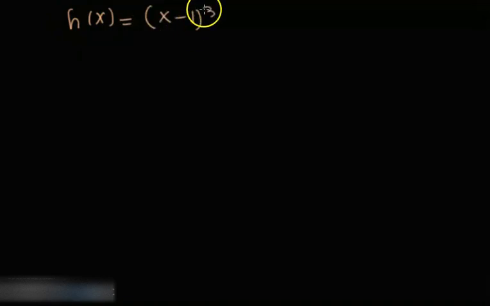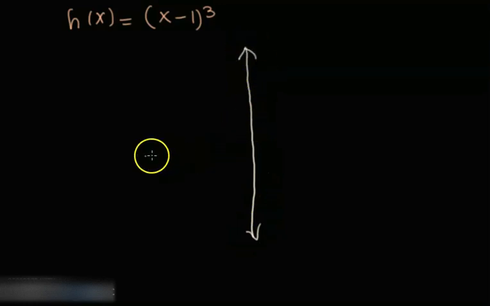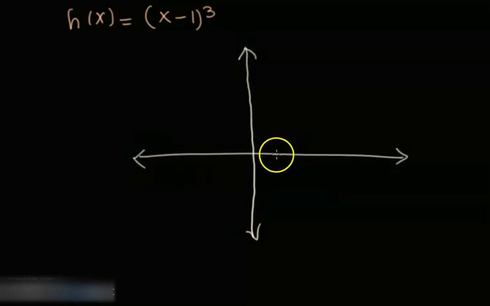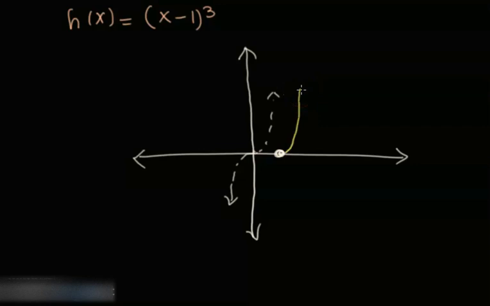Then we had another function, h of x, and it was x minus 1 whole cube. Now this can also be plotted. What we have to do is shift our cubic function 1 unit to the right. So this is the cubic function, and we have to shift it 1 unit to here. Let's say this is x equal to 1. So the function will be something like this.